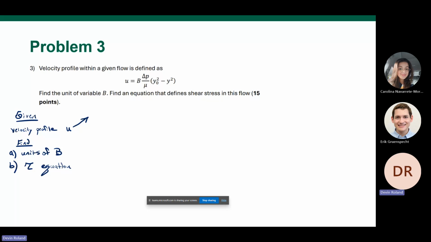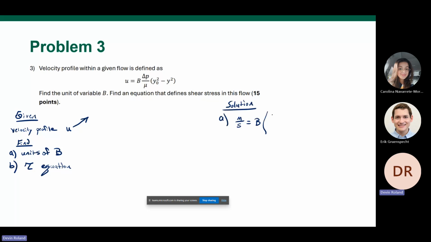Alrighty. So for the solution, for part A, what I'm going to start by doing is just to list the units of each one of those quantities, and then we'll start manipulating that and moving stuff around. So for this part, u is a velocity, so that'll be meters per second, and that's equal to b times delta P, which is a difference in pressure.